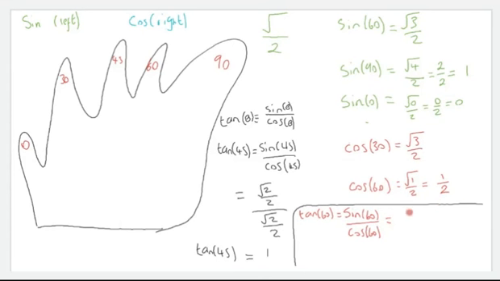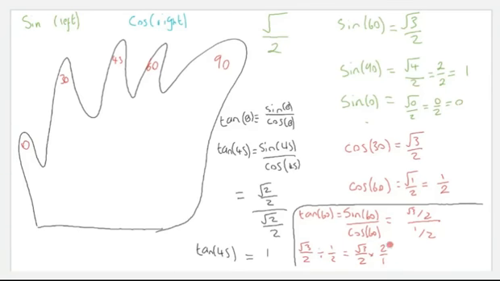Sine of 60 is root 3 over 2. Cos of 60 is 1 over 2. So now I can do division. So root 3 over 2 divided by 1 over 2, which is the same thing as root 3 over 2 multiplied by 2 over 1, using your method of division.